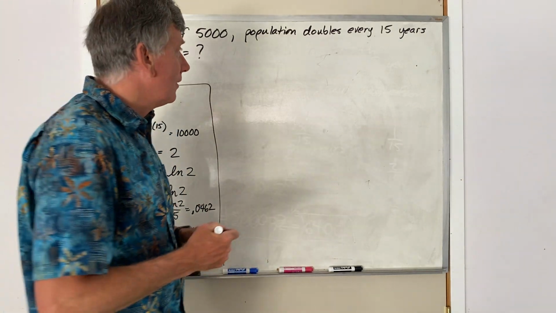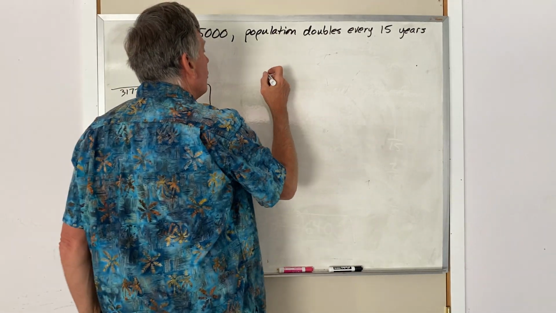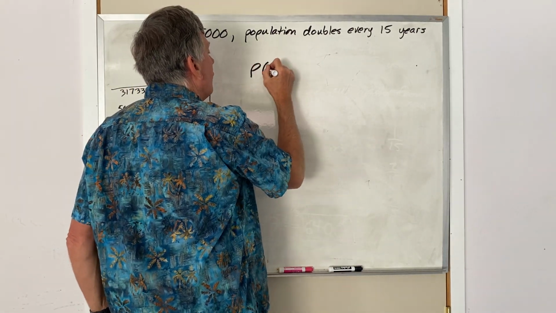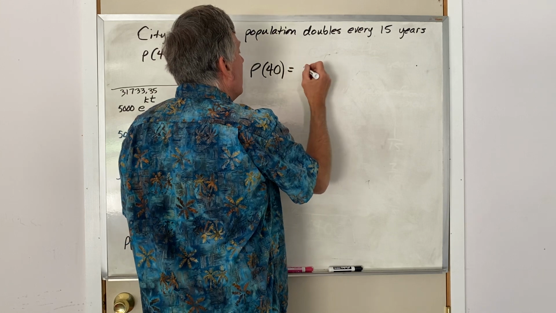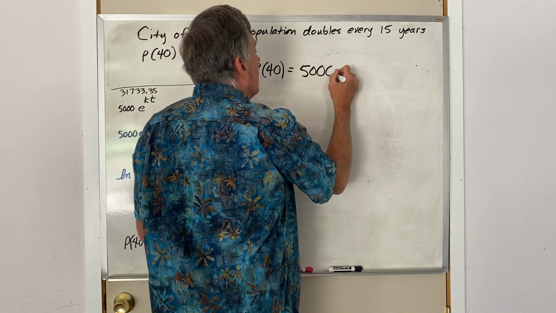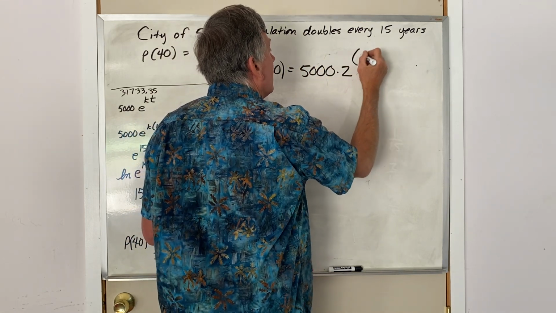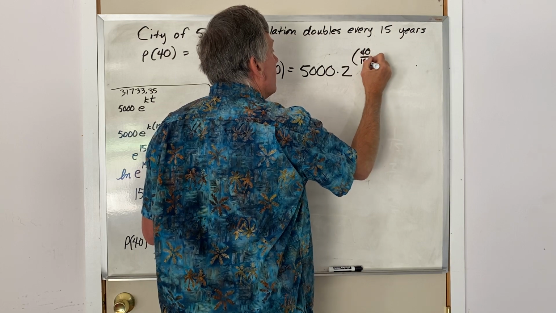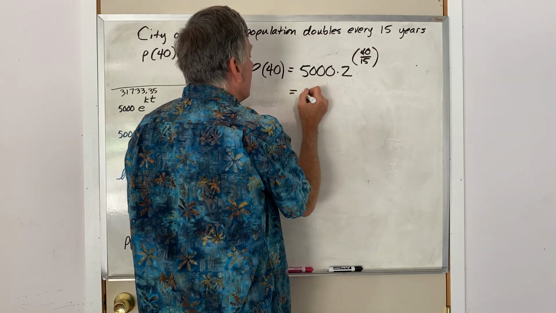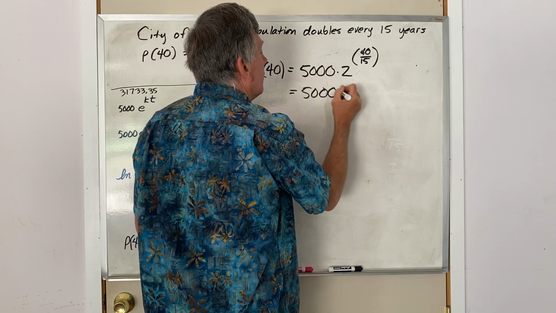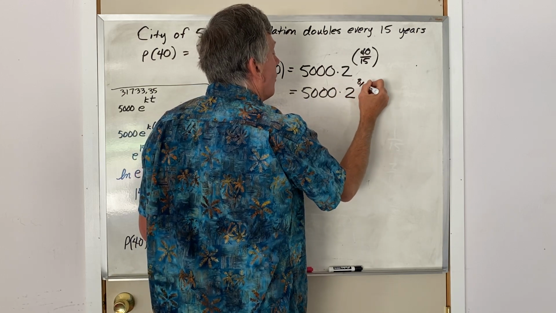So watch this. First of all, you recall that we showed that P of 40 was 5,000 times 2 to the 40 over 15 power, which was equal to 5,000 times 2 to the 8/3.